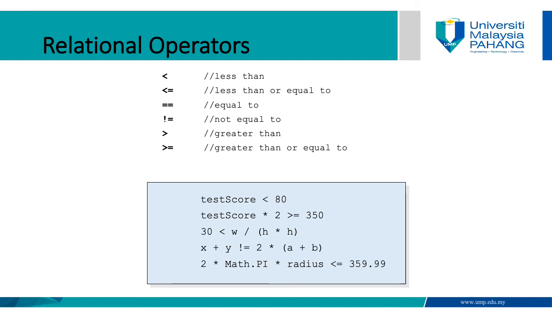They call them relational operators. The list shows 6 relational operators for comparing values, and the result is a Boolean value. It's either true or false. That's the only result you can use in an if statement.